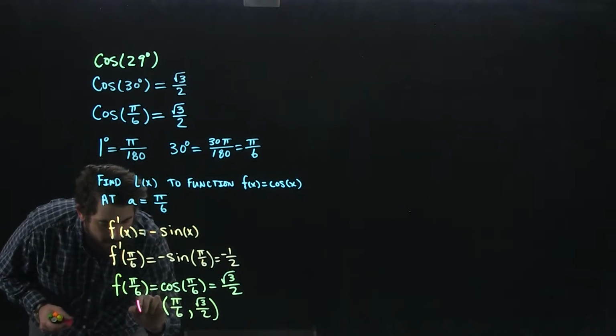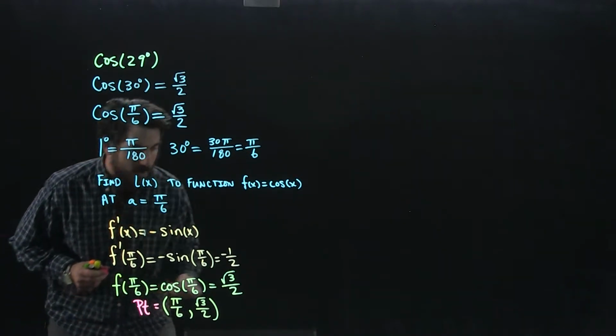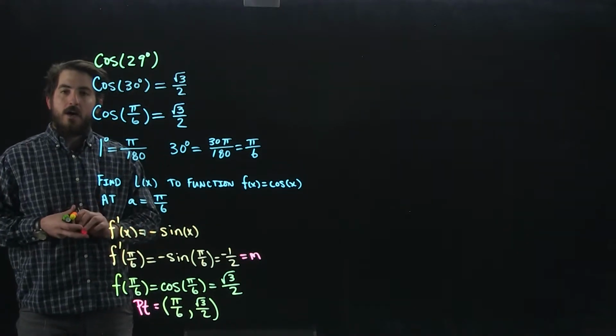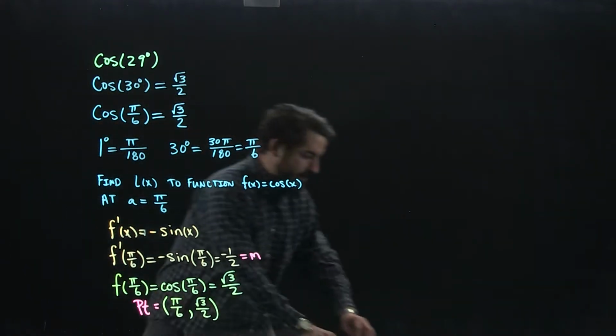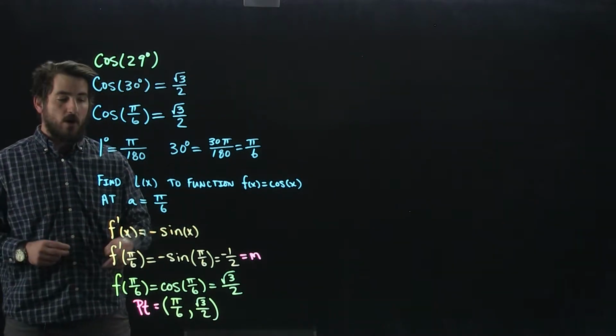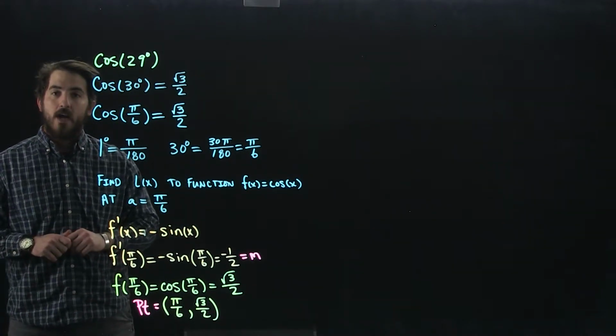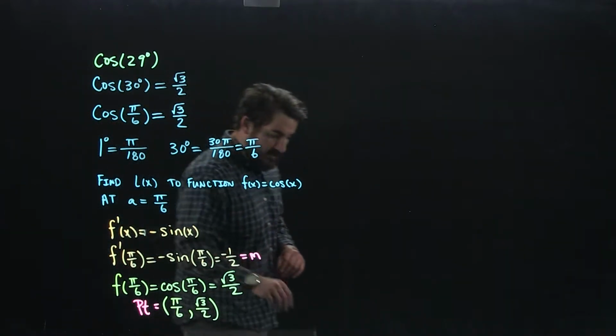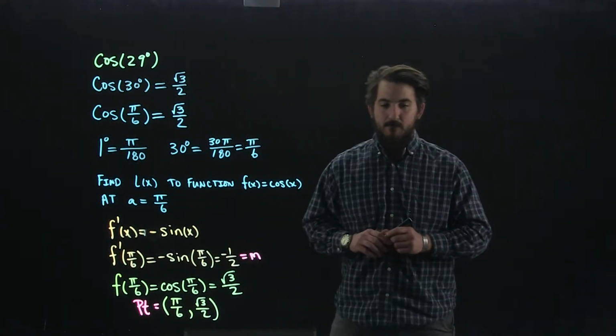This is going to be my point. And this is going to be my slope. I'm going to use this information to construct my tangent line equation, which will then ultimately turn to be my L of x, my linearization function. So let's start that process.